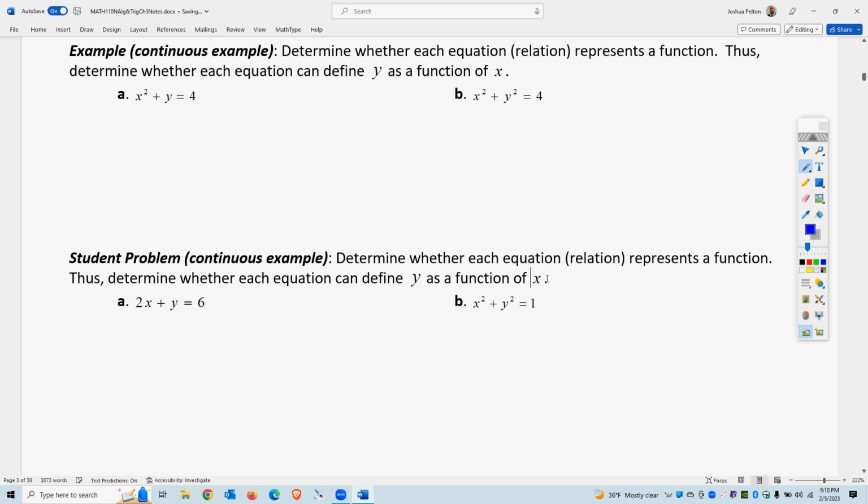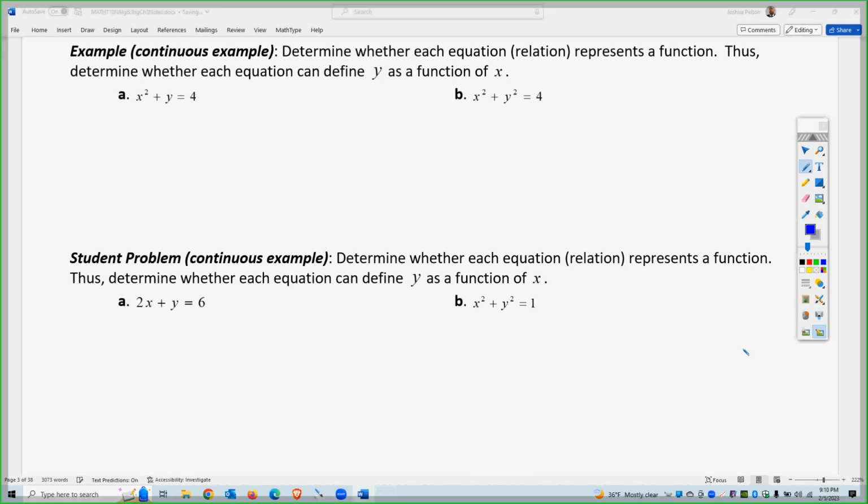Okay, all right, so the question is, are these actually functions or not, or just relations? So can I solve for y? So I'm going to minus x squared. So I get y equals 4 minus x squared.